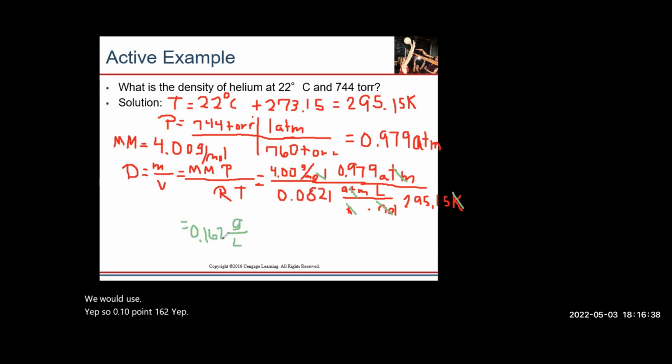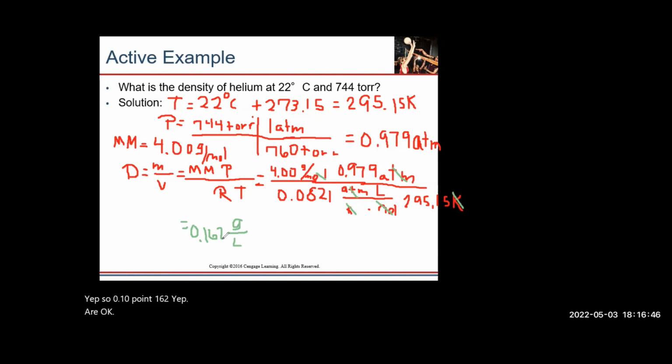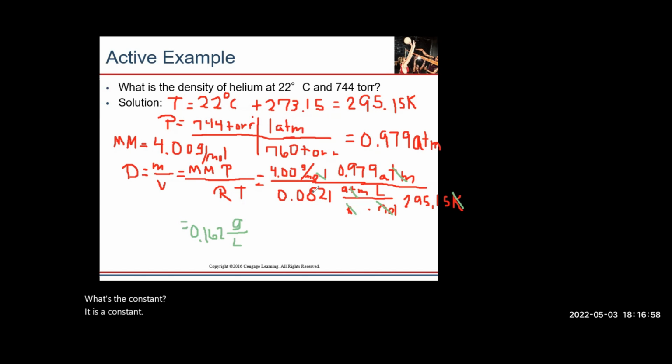I have a question about the R. How did you get 0.0821? It's a constant. Oh, so we use that.